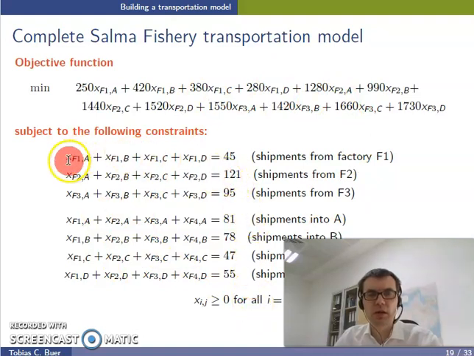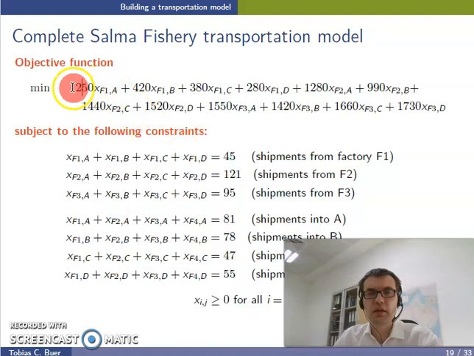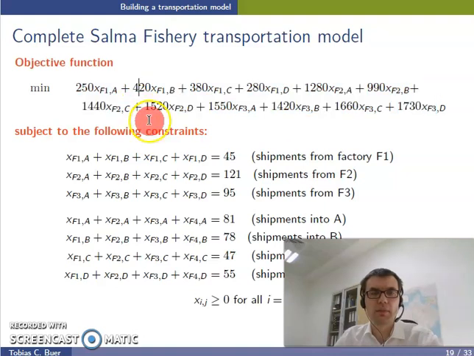And then this in total describes the full situation. Now when we have such a model, it is important that all the constraints have to be fulfilled at the same time. If only one constraint is not fulfilled, my solution is infeasible. When the constraints that I have highlighted here are fulfilled, then I have a feasible solution. Then I calculate the cost of this feasible solution, and this gives me the total transportation cost of this problem.